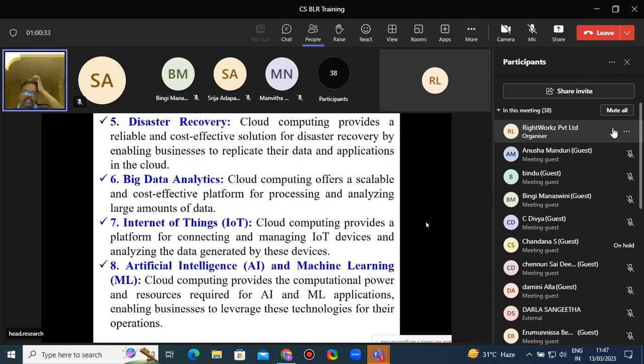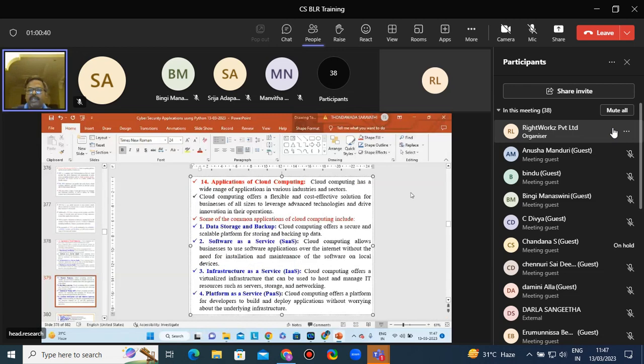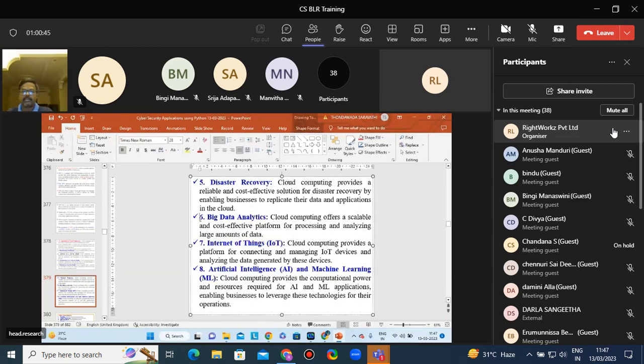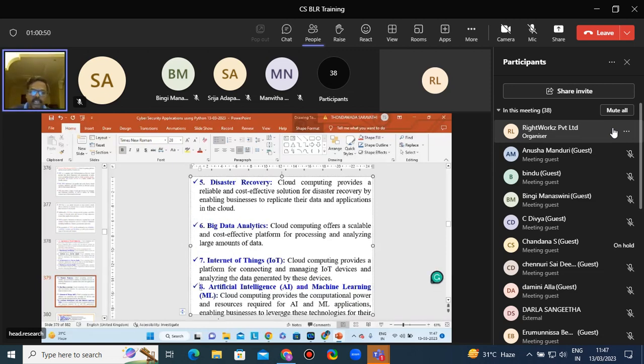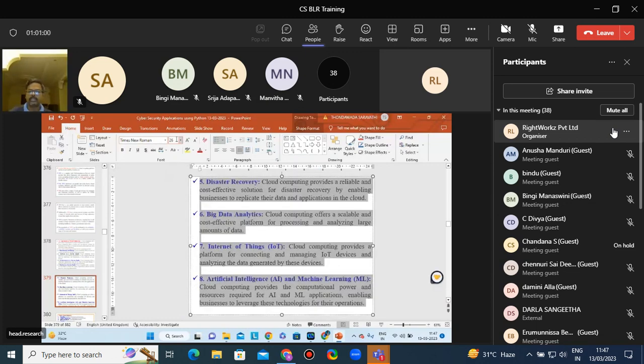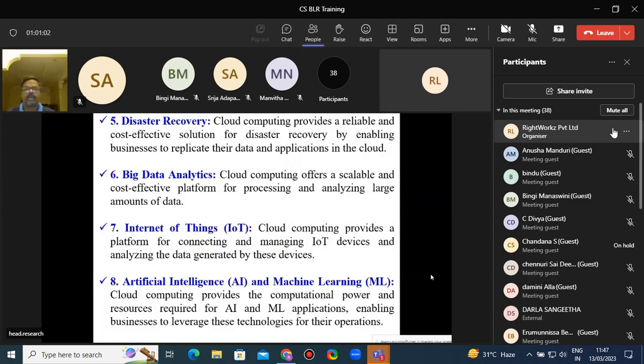Then disaster recovery. Cloud computing provides a reliable and cost-effective solution for disaster recovery by enabling businesses to replicate their data and applications in the cloud environment.